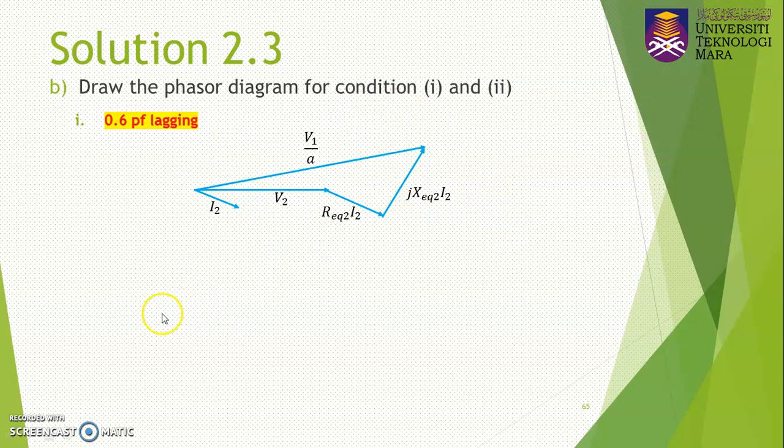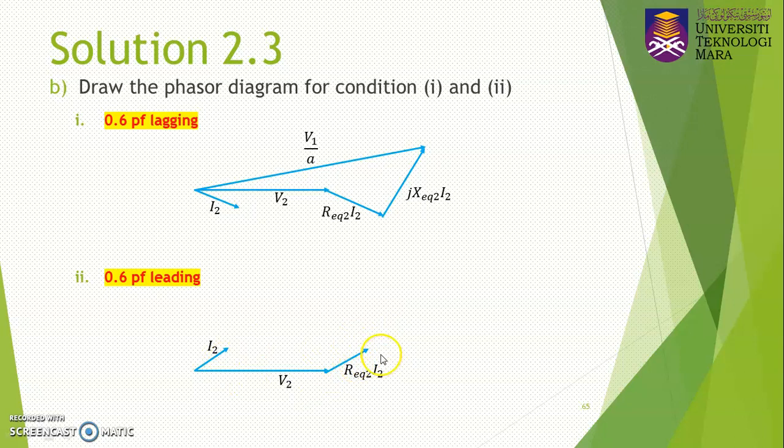Next we will see how to draw the phasor diagram for the case of 0.6 power factor leading. Same thing. First step, you need to draw the V2. Once you draw the V2, you draw the I2. In this case, I2 leads the V2. And then you draw the R equivalent 2 multiplied with I2, where it is parallel with I2.